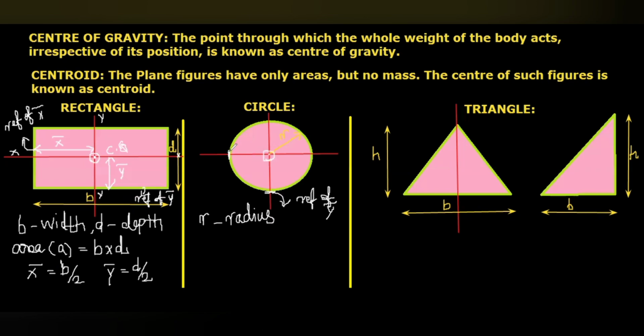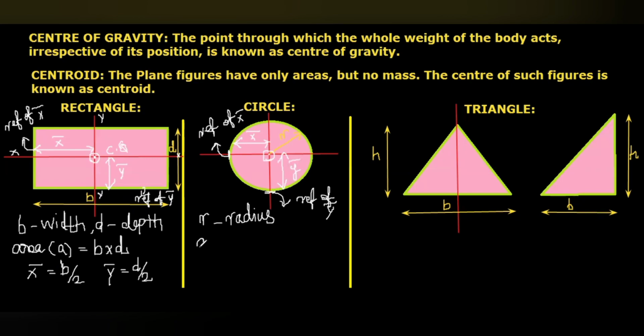So from this will be X bar here, and this vertical will be Y bar here, whatever that is, radius here.